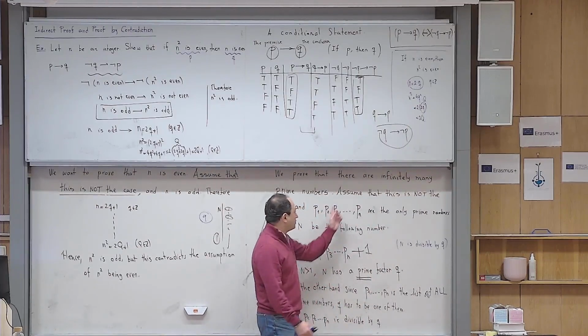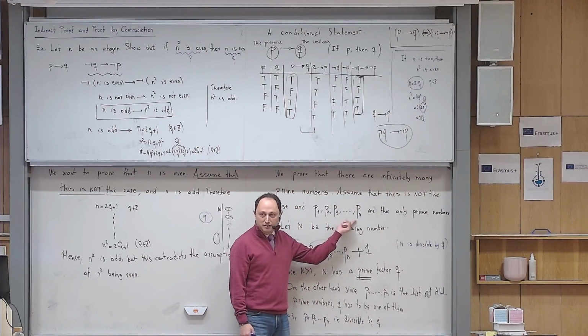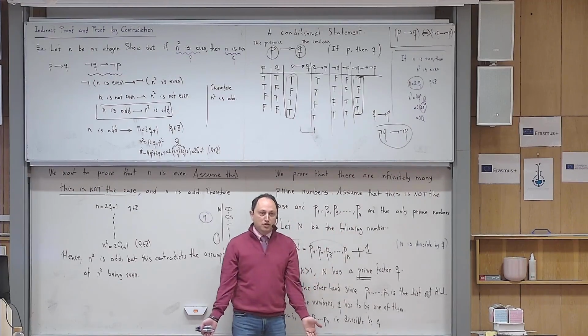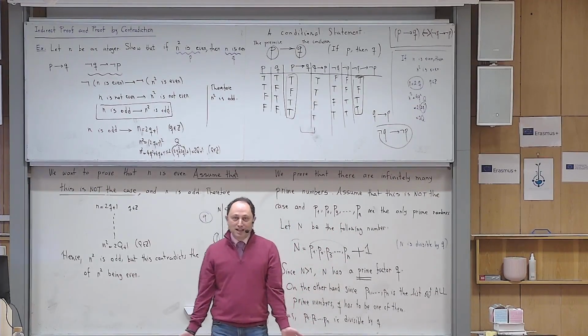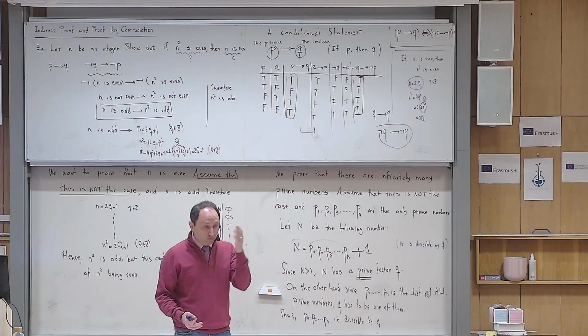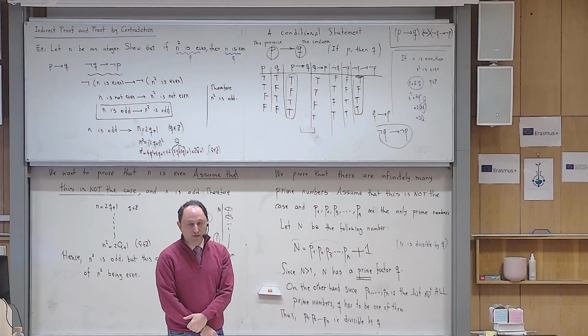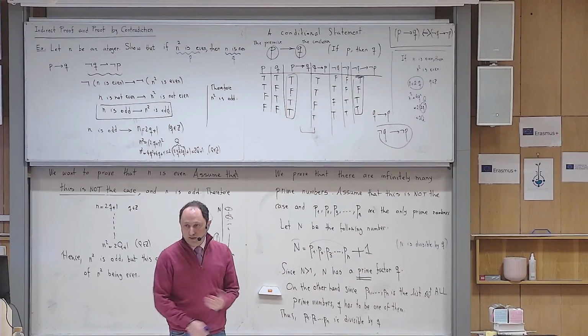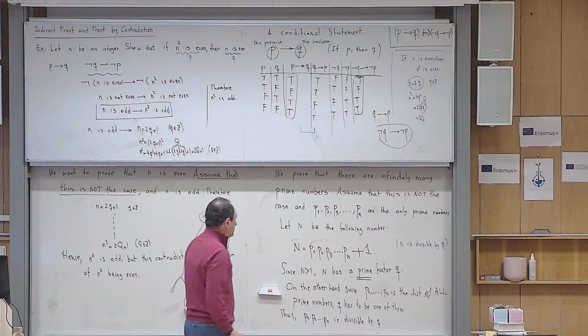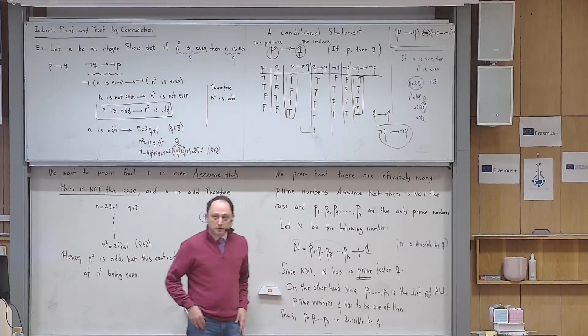Because as soon as you agree that there are finitely many, you come up with this contradiction. Is that clear? So that's a contradiction. This means that there are infinitely many prime numbers.